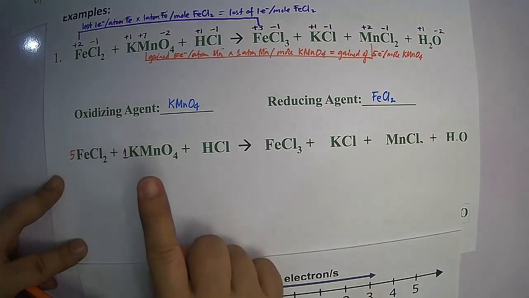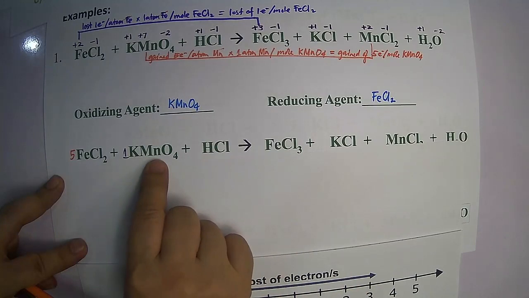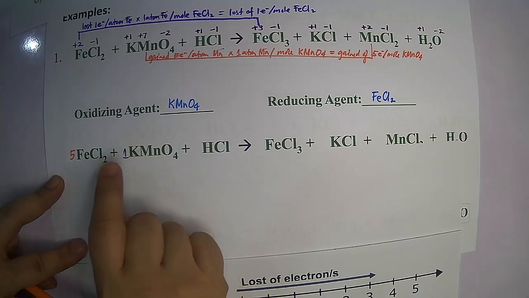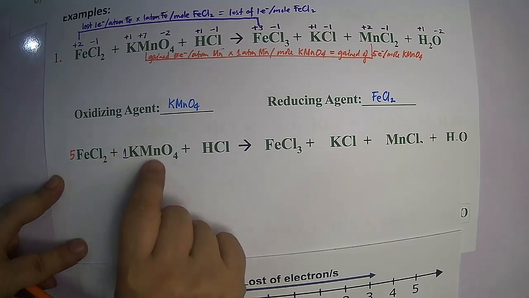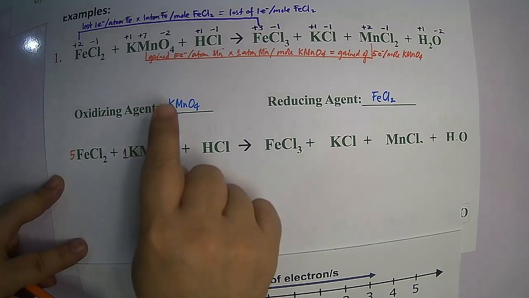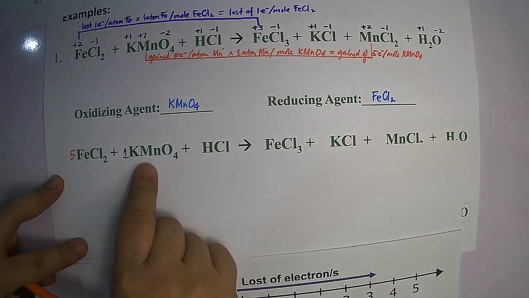Okay. And 1 electron is lost by iron per atom. So we need 5 atoms of iron, and that is the total gain of manganese.